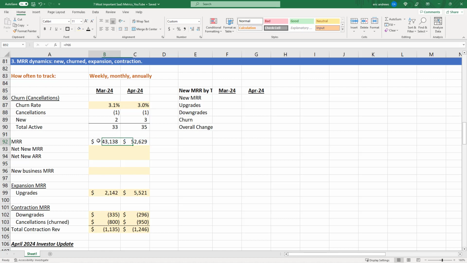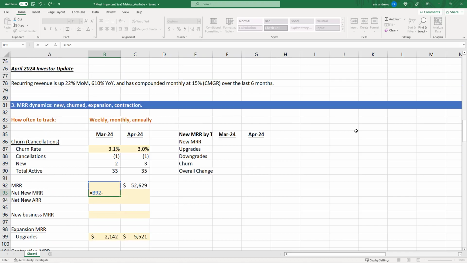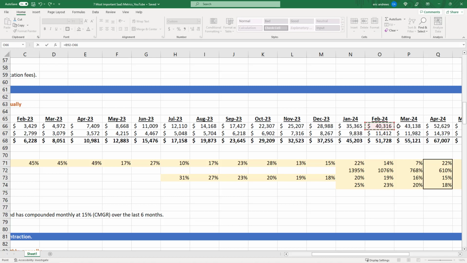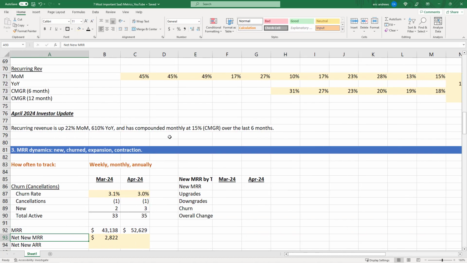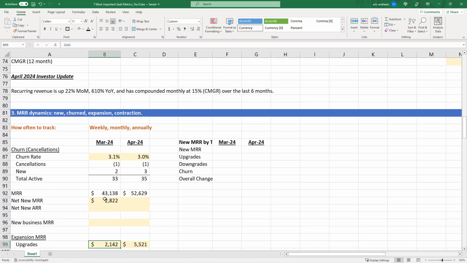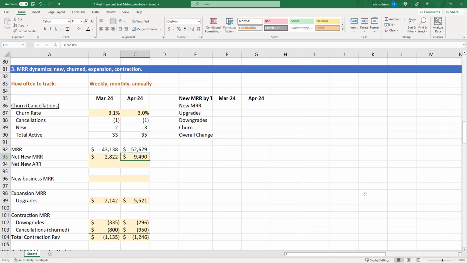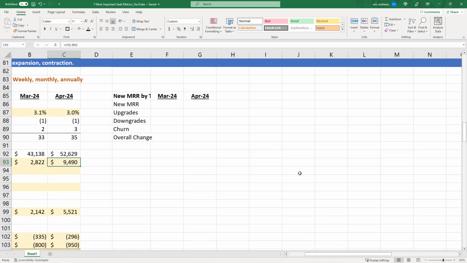Okay, now we have the rest of the categories. We have our MRR from up above, monthly recurring revenue. One thing that's good to look at is your net new MRR: how much new MRR did you bring in month over month? In March, we brought on 2,800 of net new MRR. In April, we brought on 9,490 of net new MRR.